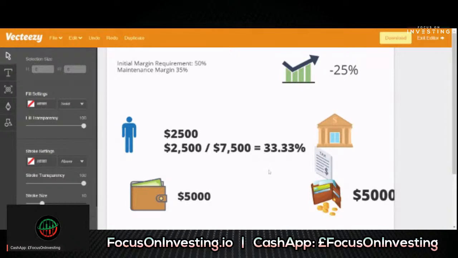Is that clear? Can I get a one in the chat if that's clear on what margin calls are and also how margin amplifies your wins and amplifies your losses?